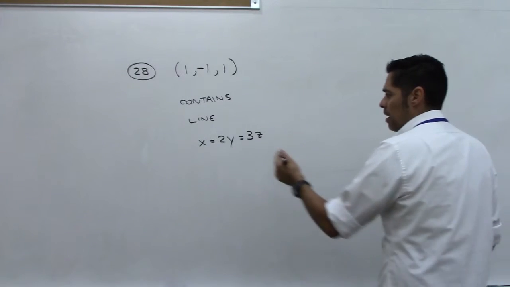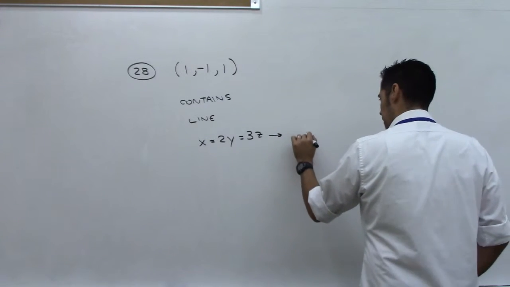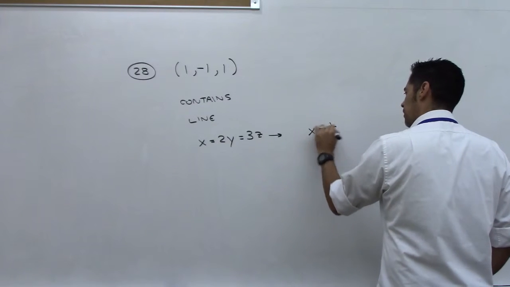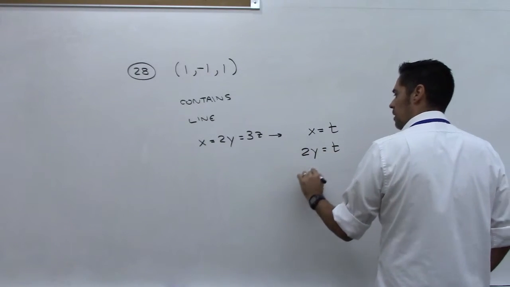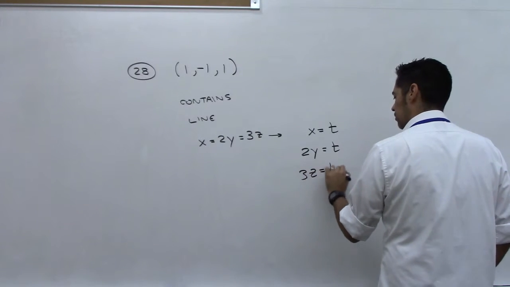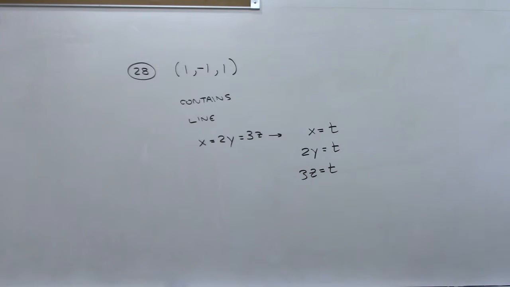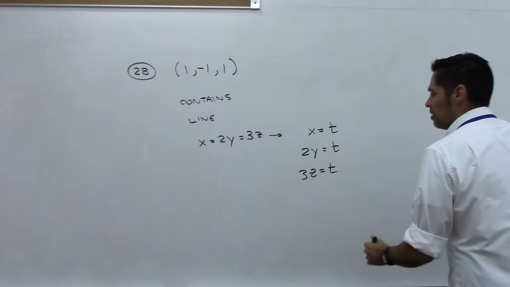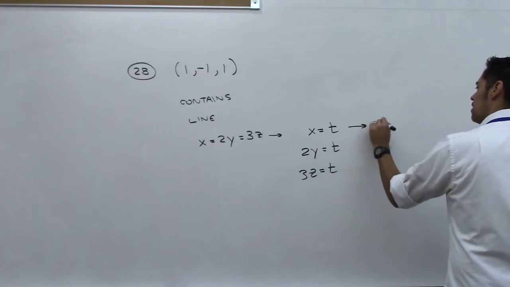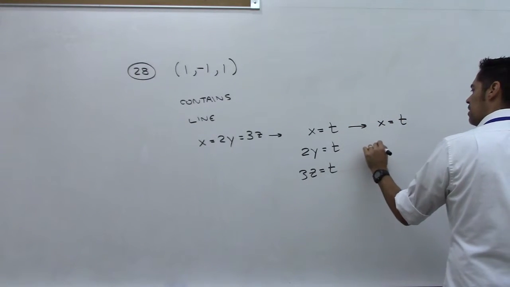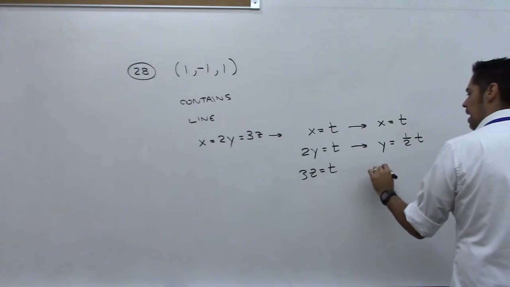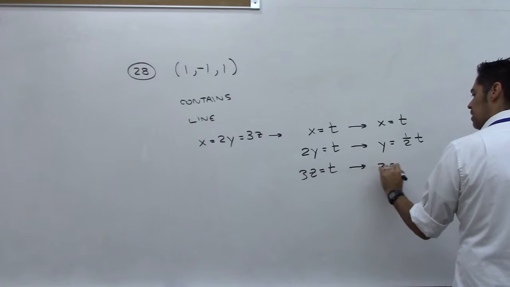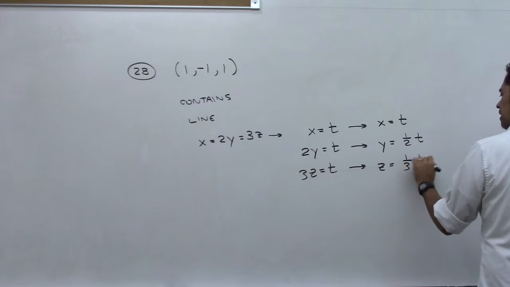So let me just remind you what this means. This means that x is t, that 2y is t, and that 3z is t. All right, so from here we can solve these for x, y, and z. This is x is t, this is y is 1/2 t, and this one is z is 1/3 t.